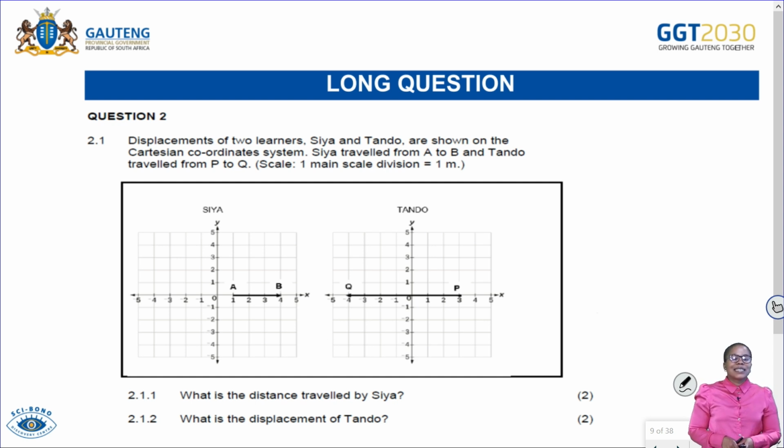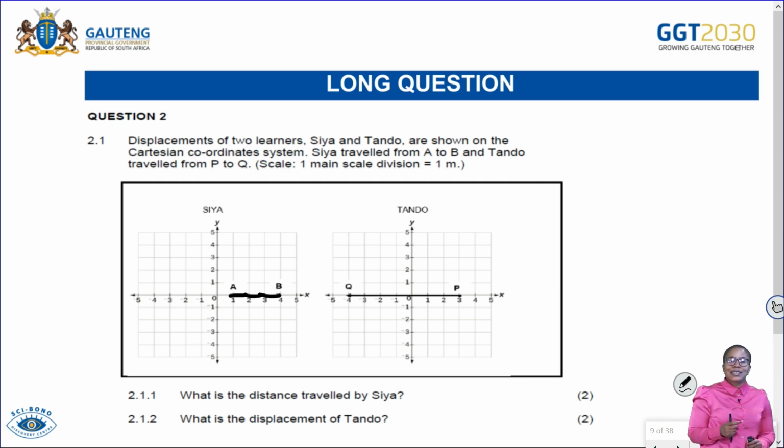So what is the distance traveled by Sia? Remember, your distance is a scalar quantity. That means it only has magnitude. There is no direction. So since they are asking you about the distance, you'll have to give us the magnitude only. So you go to the Cartesian coordinate system for Sia. Sia moved from point A, which is at number 1, to point B. So this is my 1, this is my 2, and this is my 3.